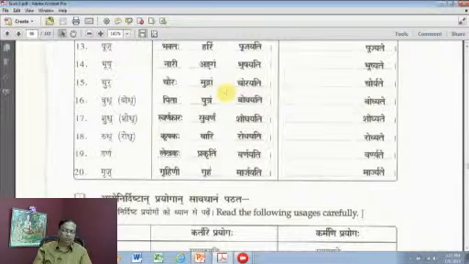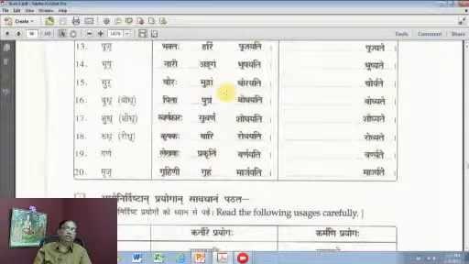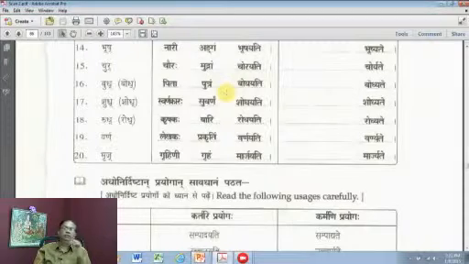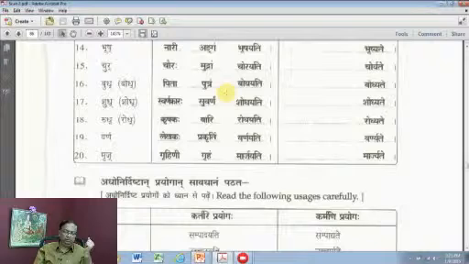Suvarna mudra. Mudra is Strilinga, ekavachana, mudram. Like Chaurena mudra choryate. The golden biscuit is stolen by the thief.